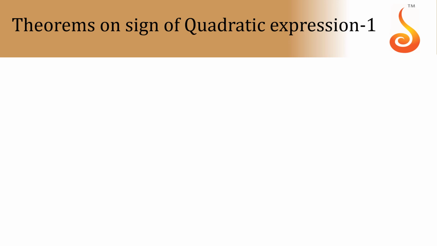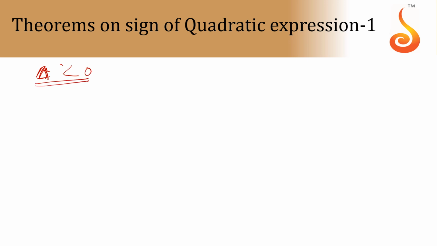Then the theorems. What are the theorems? Suppose the discriminant delta of a quadratic equation is less than 0.